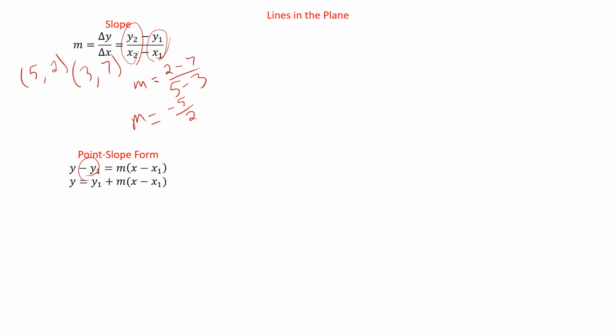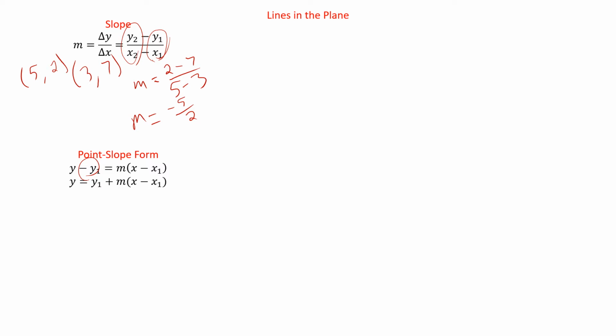Having y equals is sometimes handy. When you're graphing stuff, y equals is how you have to graph it. So that is important. The point-slope form is super useful when we're writing the equation from the information that we have, such as what we just did.